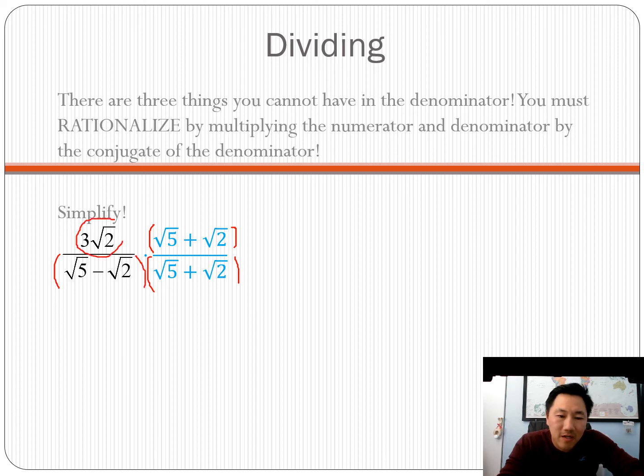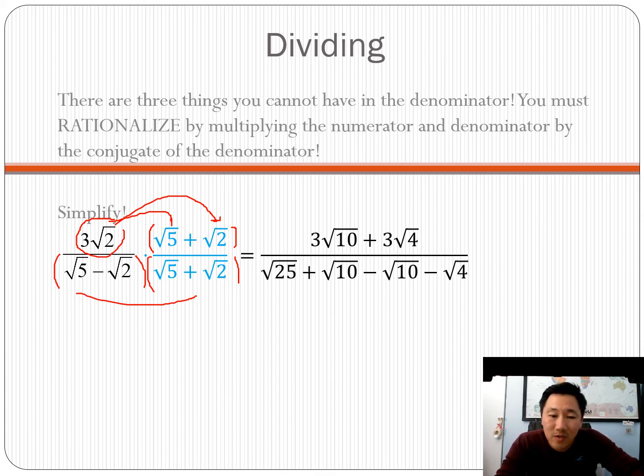The top one, you just distribute this into here. But the bottom one, you have to FOIL, just like we did in the last example. And that's what you get. 3 radical 2 times radical 5 is 3 radical 10. And then 3 radical 2 times radical 2 is 3 radical 4.